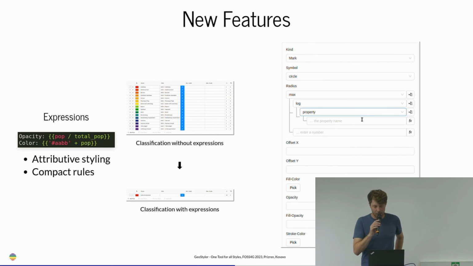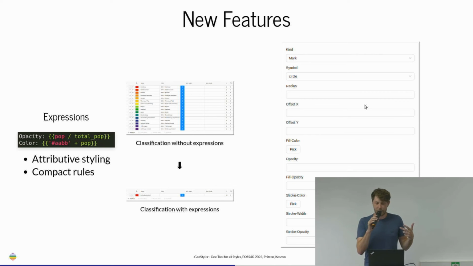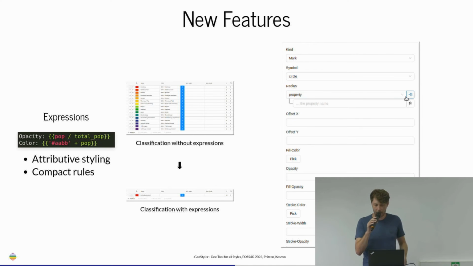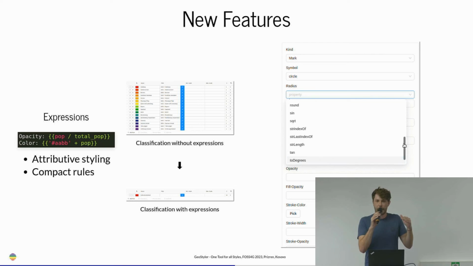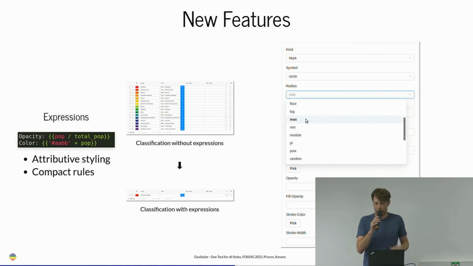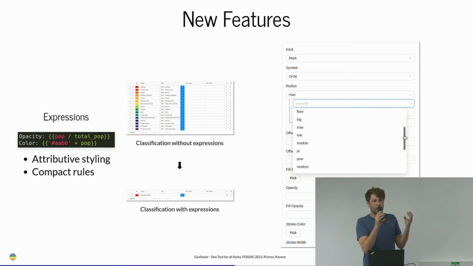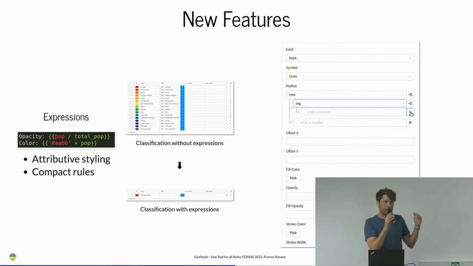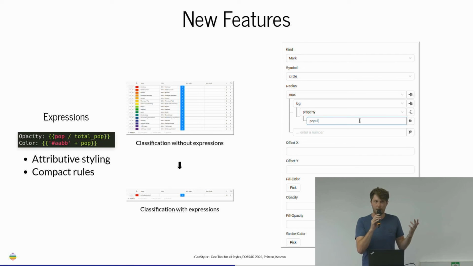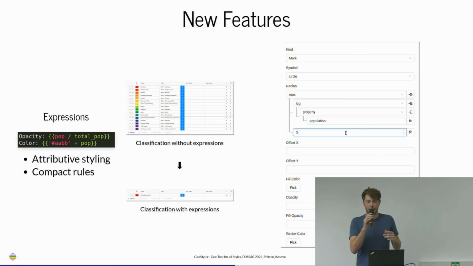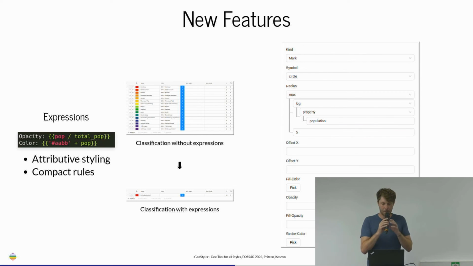For example, in this case, if you want to set the radius dynamically using the population or the logarithmic value, or at least have the size of 5 pixels in that case, to set a minimum radius, you can just do this in the UI and edit it like this. So you can really just set the size of a feature, for example, with just one single rule, and you don't have to do all the filtering by hand, and this really comes in handy.